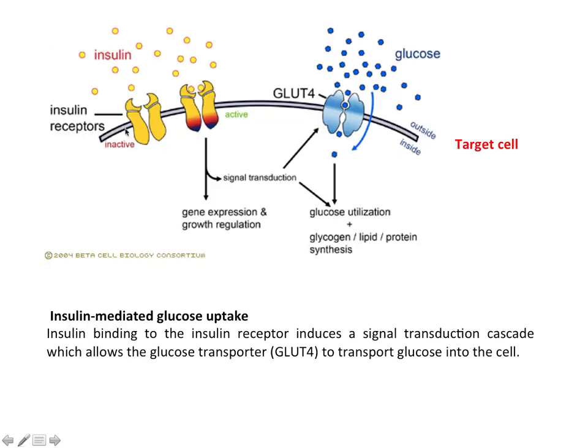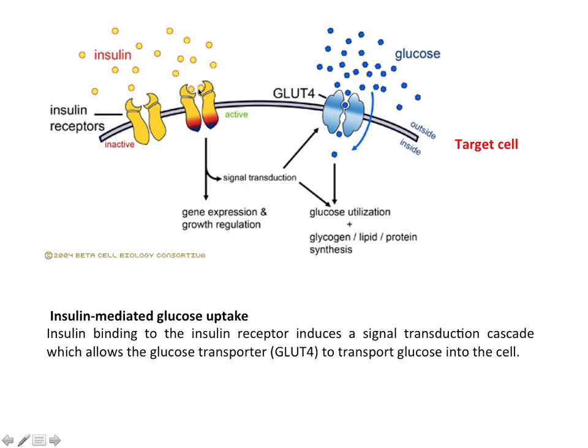And once insulin is released into the blood, it comes to its target cell. Particularly here you can see the target cell may be the liver cell, and the receptor for insulin is present here. When insulin is not attached to the receptor, it is inactivated.